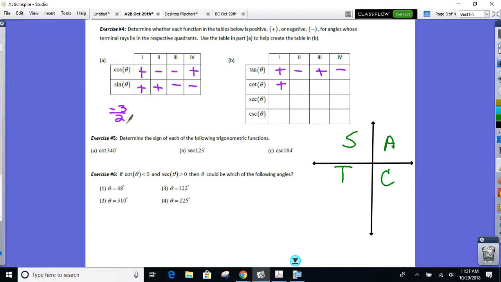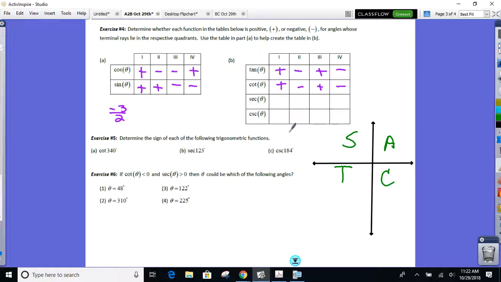You have to flip what to get cotangent? Tangent. Everything's going to stay the same. It's still going to be negative and positive in the same quadrants tangent is. That's not going to change. The sign doesn't change when you flip a fraction. Secant, what are you flipping? Cosine.